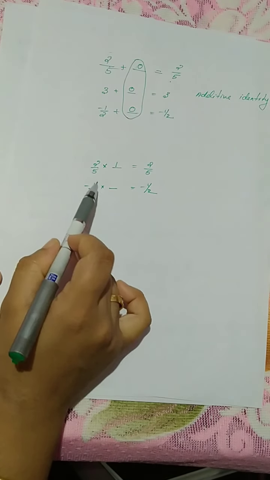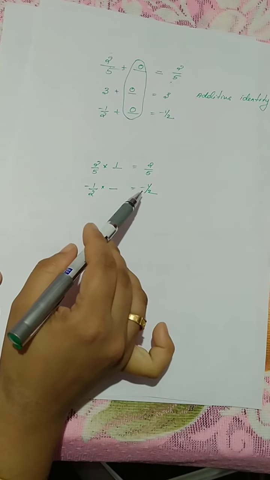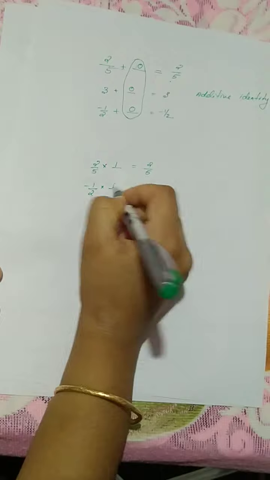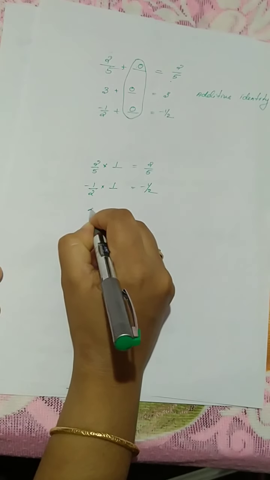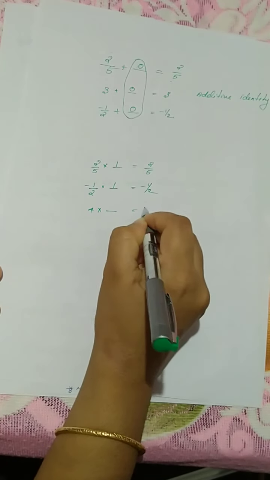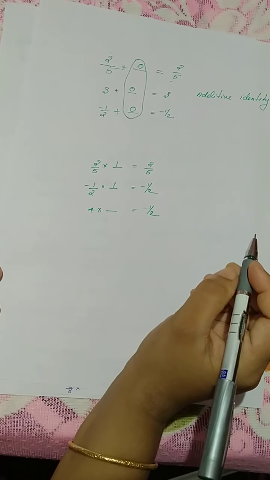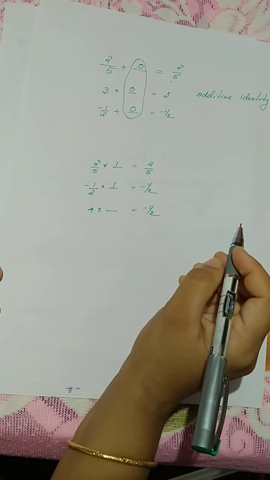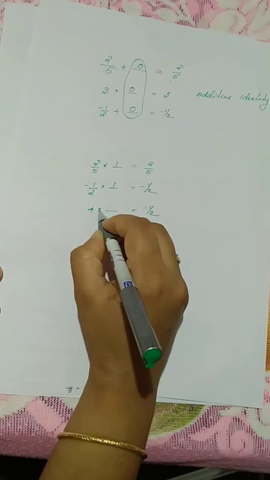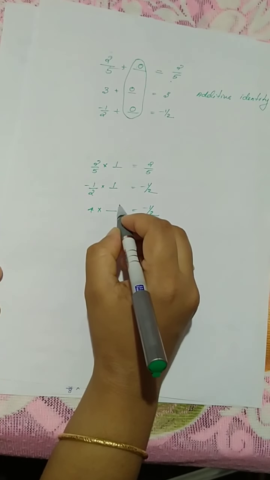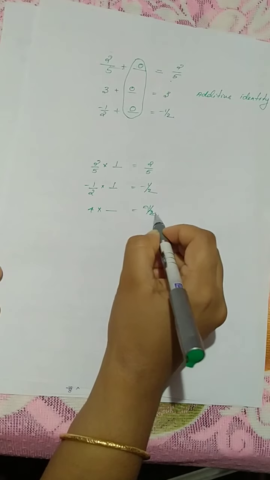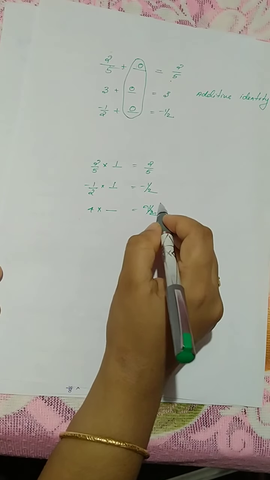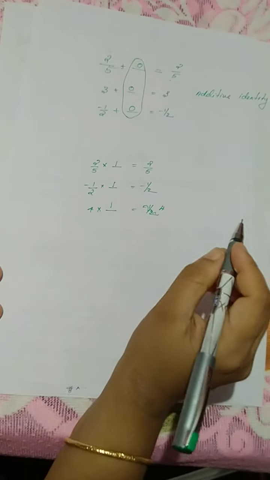Which number should be multiplied with minus 1 by 2 to get the solution minus 1 by 2? It's also 1. 4 into dash is equal to 4. Which number should be multiplied with 4 to get the solution 4? That is also 1.